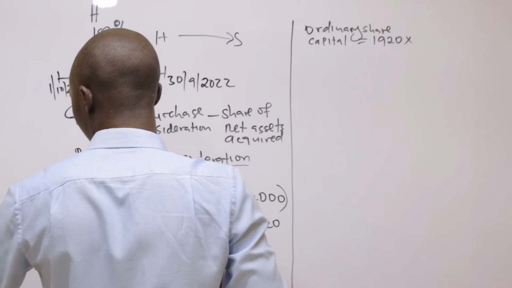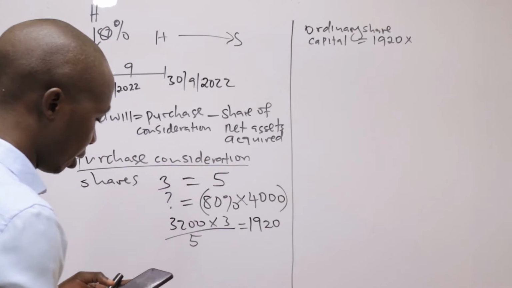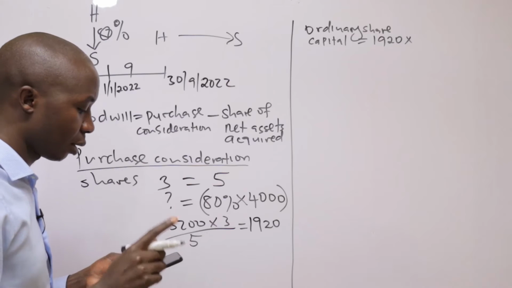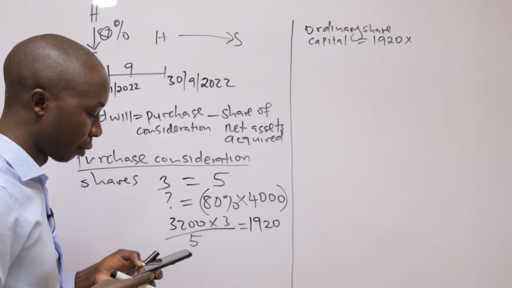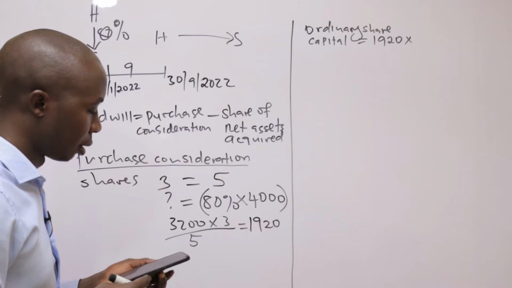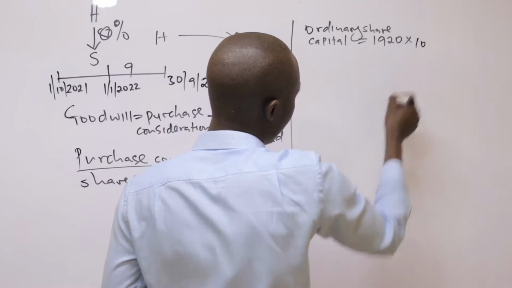Based on the question, the par value was 10. As at the start of the question, they said on 1st January 2022, H Limited acquired 80% of 4 million shillings 10 shares. Remember that the ordinary share capital must be stated at par value, which is 10.